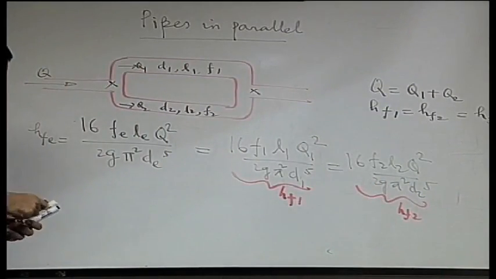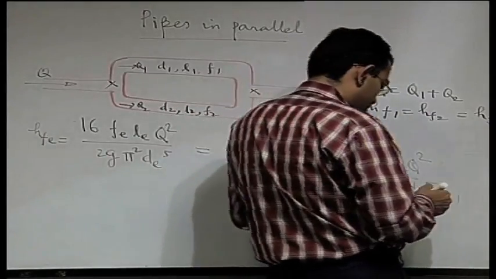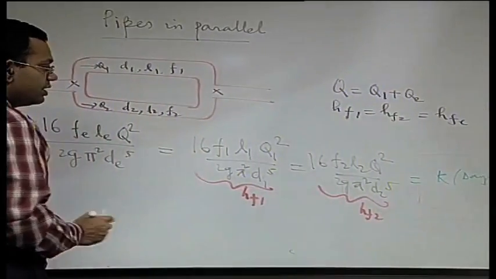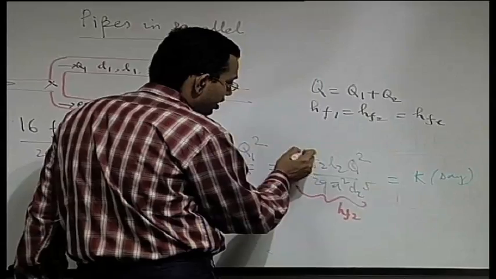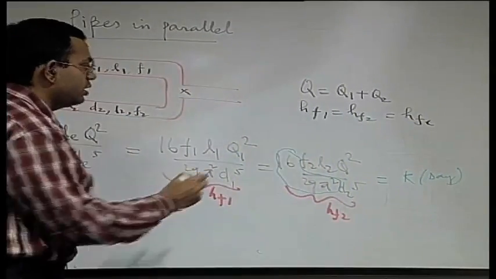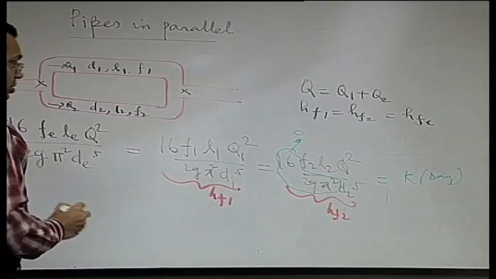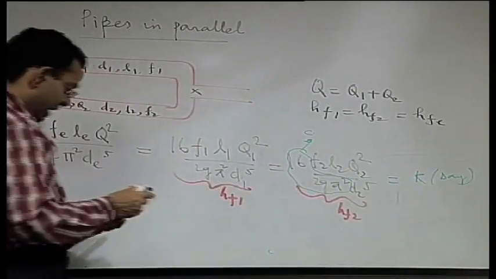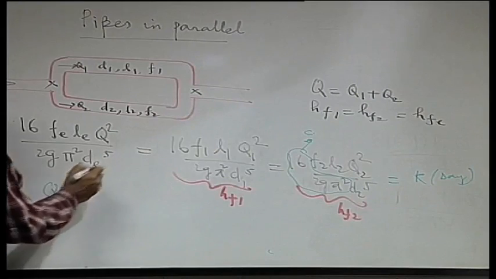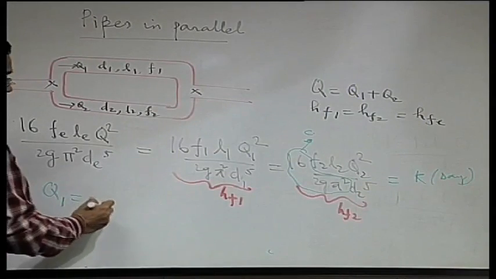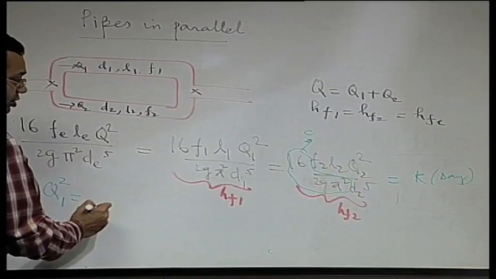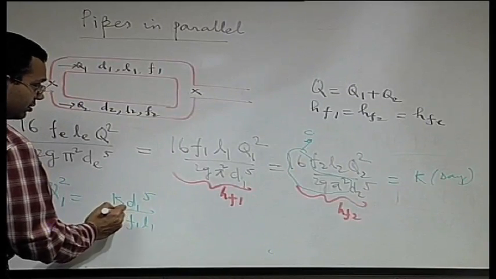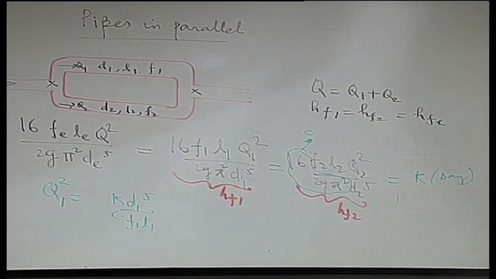Let us say that each is equal to some constant K. And the 16 by 2G pi square, this is a term which is like a constant for all, let us call it C. So you can write Q1 square is equal to K into d1 to the power 5 by F1 L1 C, right.